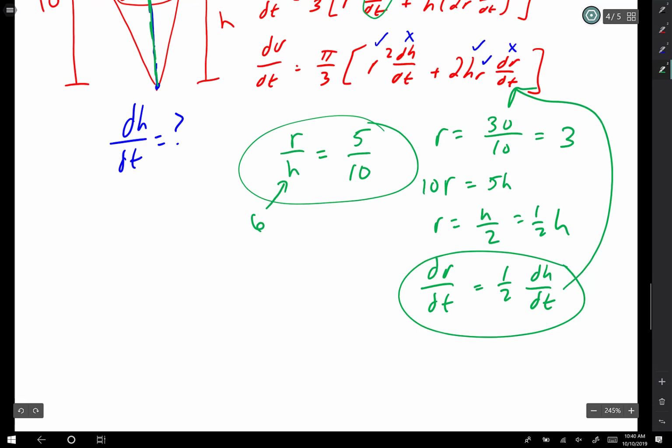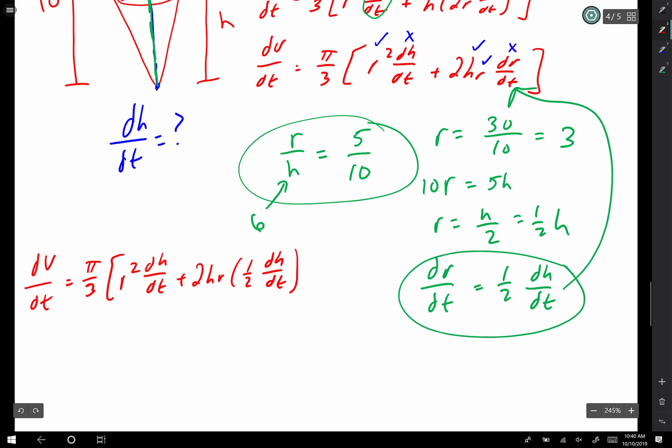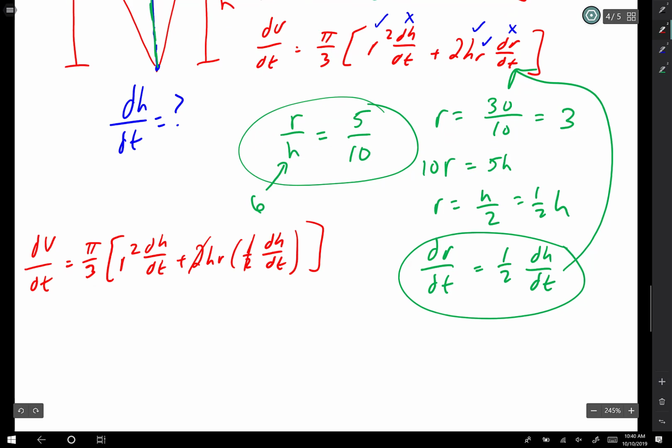All right, so here's how our new model looks now. dV/dt is equal to pi over 3 bracket r squared dH/dt, which is what I'm looking for, plus 2 times h times r times 1/2 dH/dt. So now the half and the 2 go away, and I have pi over 3 r squared dH/dt plus hr dH/dt.